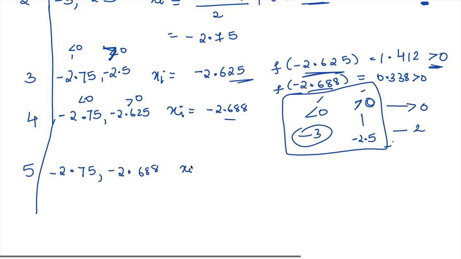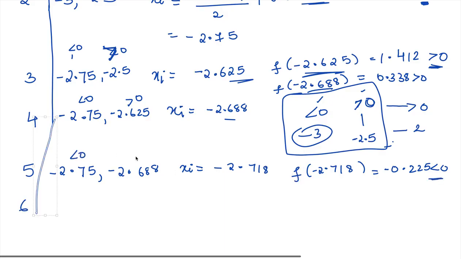Now what will be our xi? Minus 2.75 plus minus 2.688 divided by 2, which is minus 2.718. And f of minus 2.718 is minus 0.225, which is again less than 0.